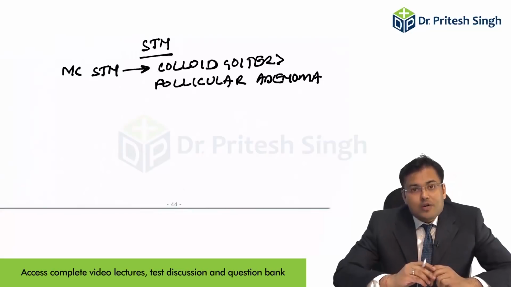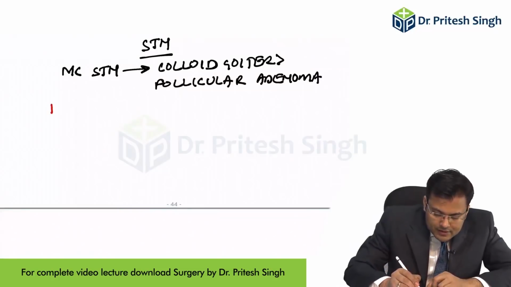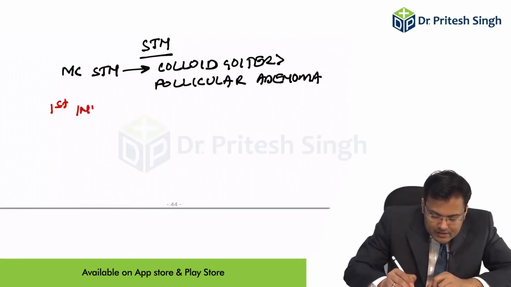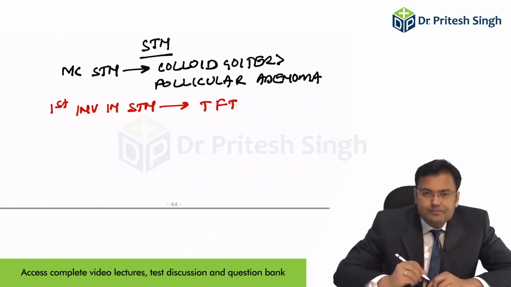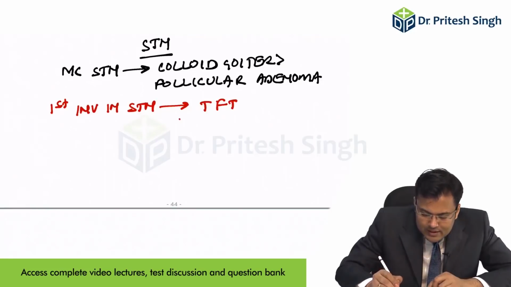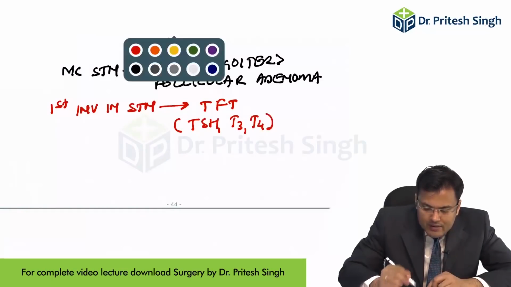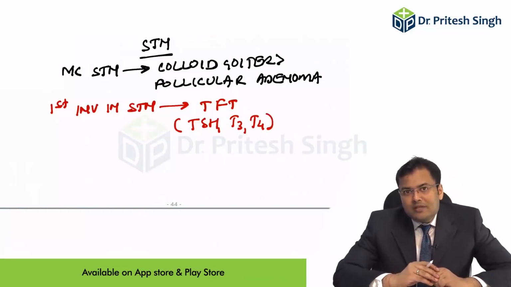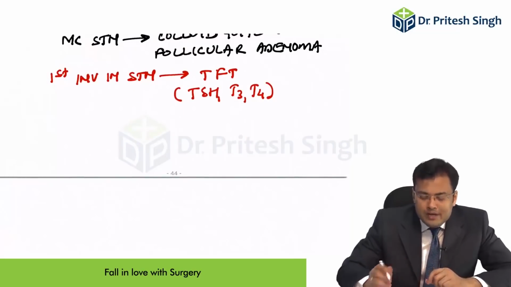Questions are asked, what is the first investigation done in solitary thyroid nodule? The first investigation done in solitary thyroid nodule is thyroid function test. What are the components? There is TSH, there is T3 and there is T4. After that, question is asked, out of T3, T4, TSH, which one is most informative?